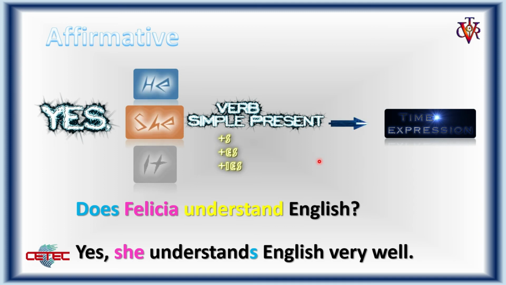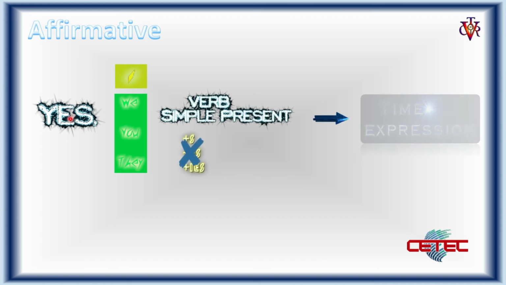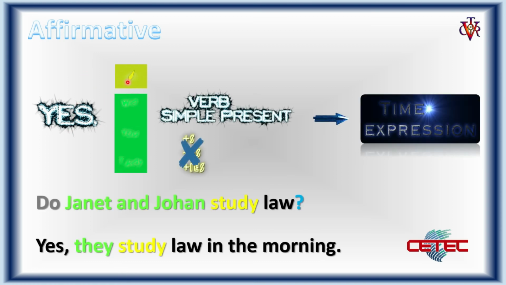So don't forget this structure. In affirmative, now, yes, I, we, you, and they use do. And the verb in simple present plus a time expression. But here, those characteristics are not included.